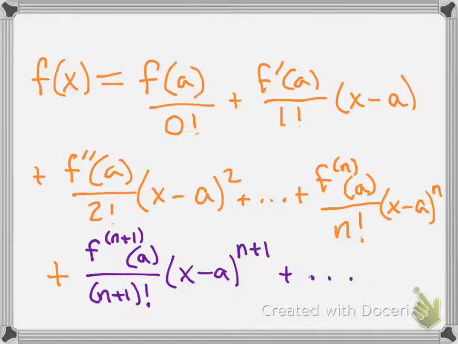Remember, a is the center, so x is the input that we're plugging into the function, or into the polynomial, to generate the approximation for the function. And so we're looking to see how far away from the center we can be. That's what this x minus a is. If we're trying to get a general bound, meaning on some interval, then we take the farthest point on that interval that we're going to be and use that as our input for x.